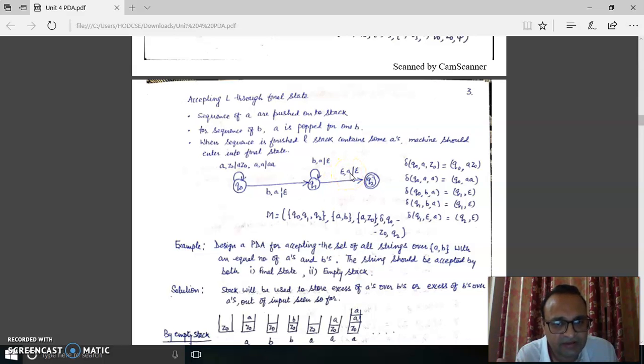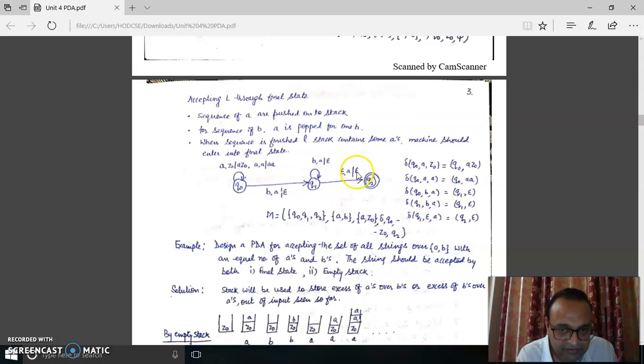We don't know how many A's are on the stack, but this itself is sufficient to ensure that the number of A is more than the number of B. For every B, when you have A on the top of the stack, you pop A, so the number of A's popped is equal to the number of B. Now suppose the string is exhausted and at the top of the stack you find some A. It itself is sufficient to ensure that there are more A's in the string.